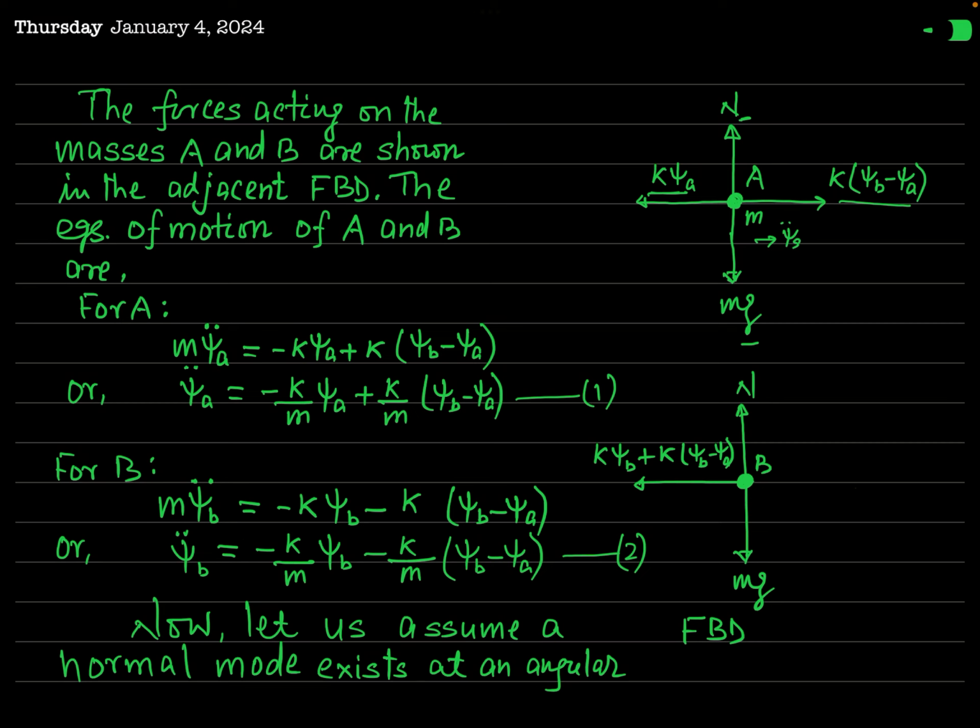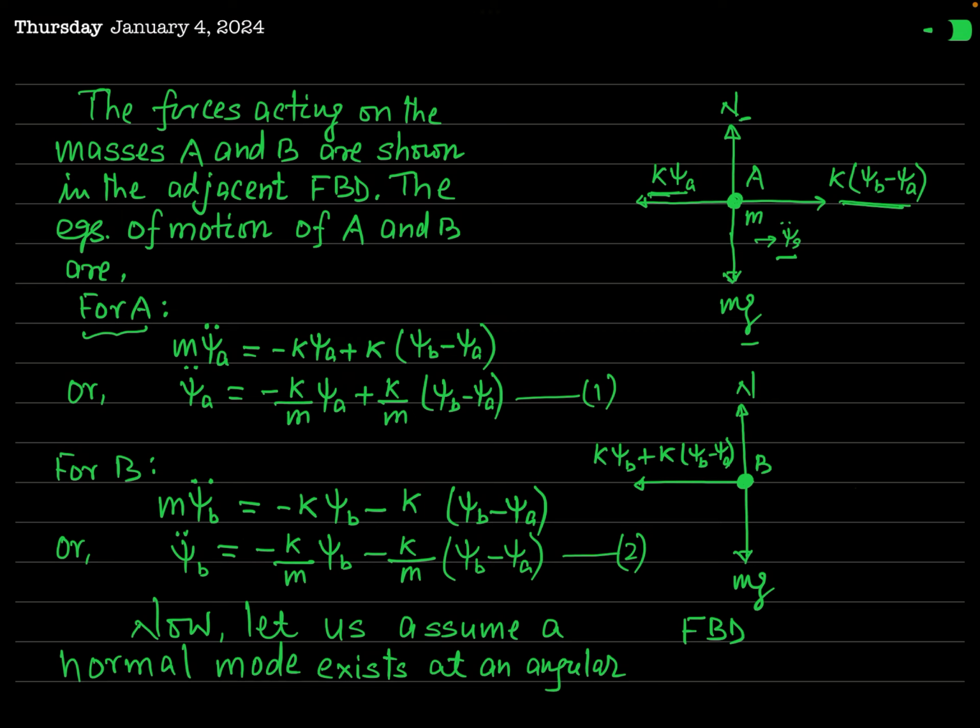The block has no acceleration in the vertical direction, so mg is just balanced by N. The net force acting on this block along the horizontal line, in the direction of its acceleration psi A double dot, which means d2 psi by dt2, will be k times (psi B minus psi A) minus k psi A.